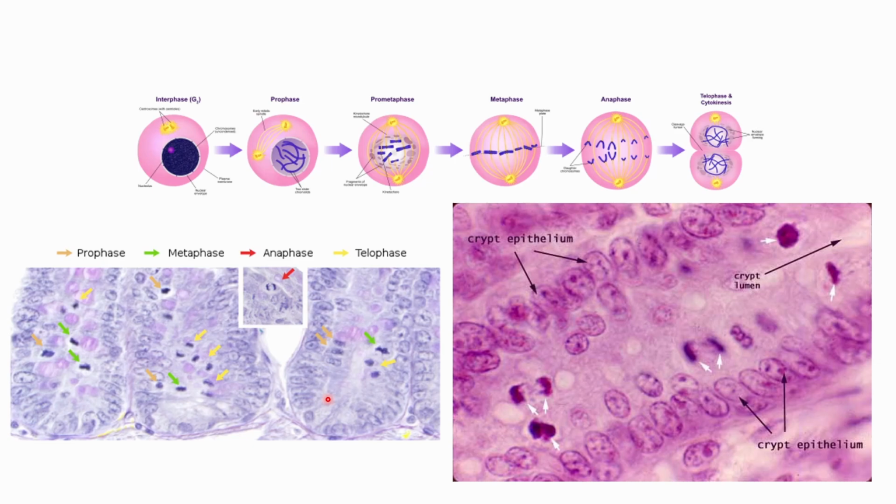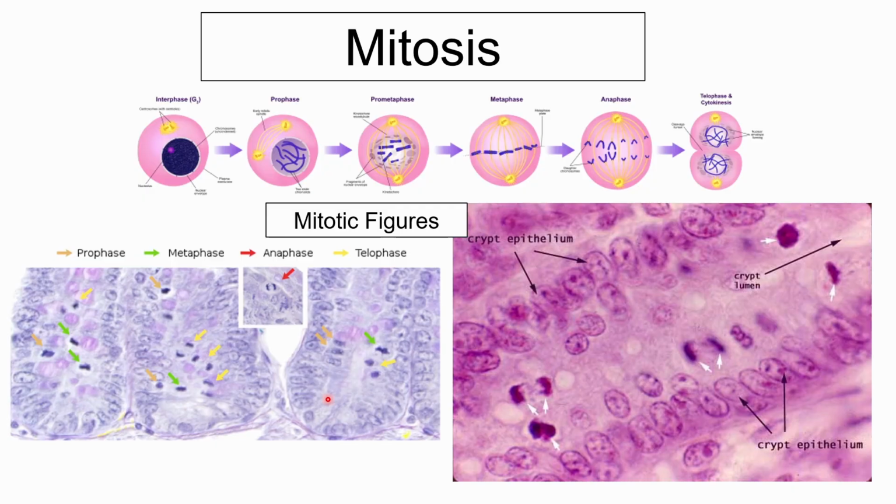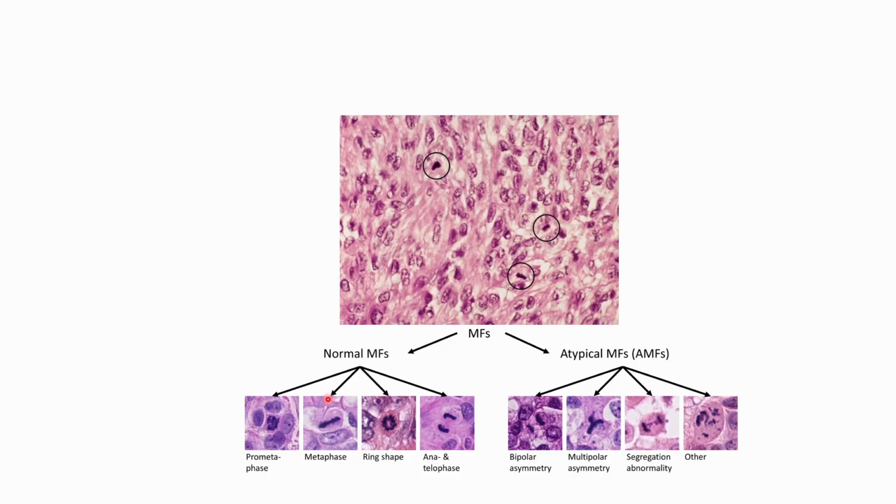Okay, so in this case, if you see mitotic figures, most of the time it is normal. Again, normal mitotic figures would basically correspond with the normal morphology of dividing cells.